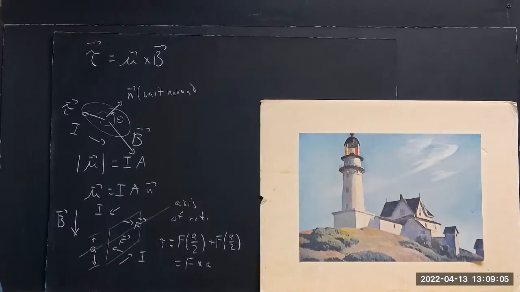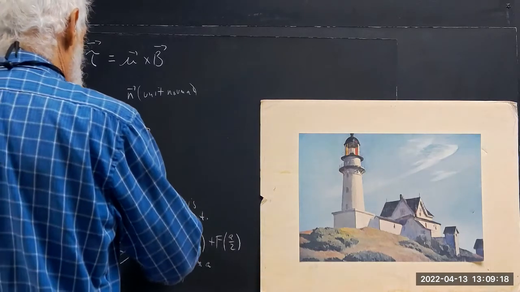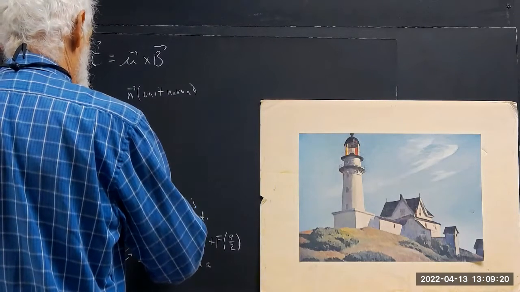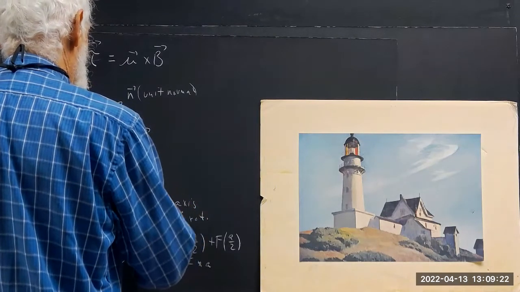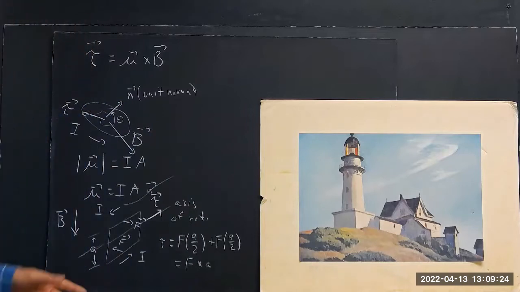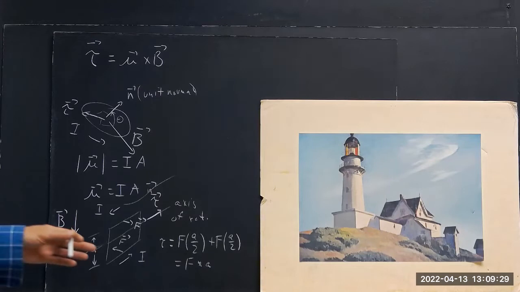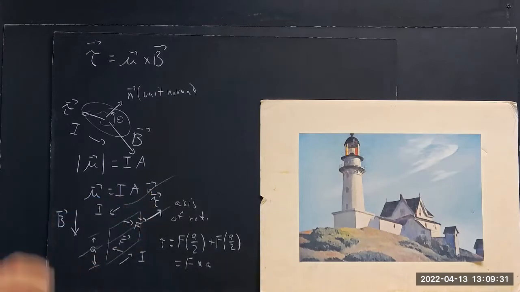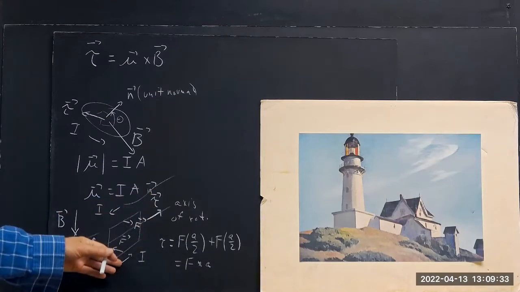And the direction of the torque by the right-hand rule is that way. Okay, so your torque is in this direction. That's the direction in which the angular velocity of this thing changes.